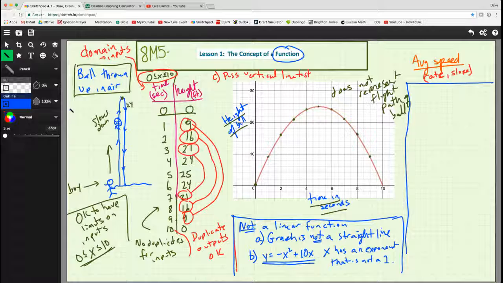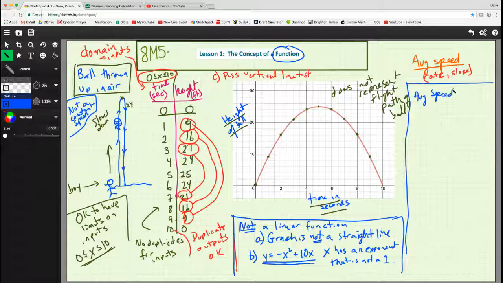So we know it is not a constant speed. If it was a constant speed, we'd have a straight line, a flat slope. But because this is not a straight line, it is not a linear function, it is a curved graph, the ball is going at different speeds, so we know we are going to get some different average speeds when we look at it.